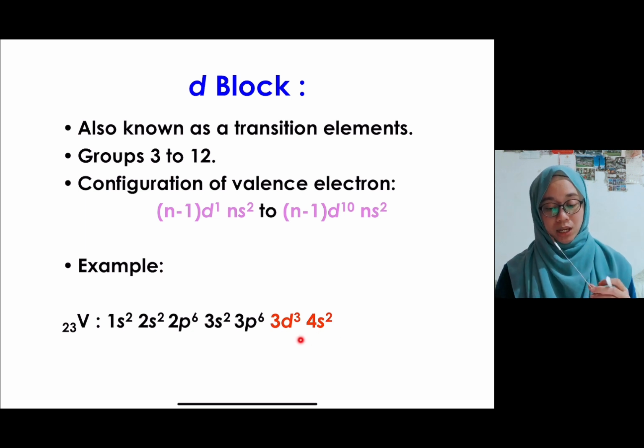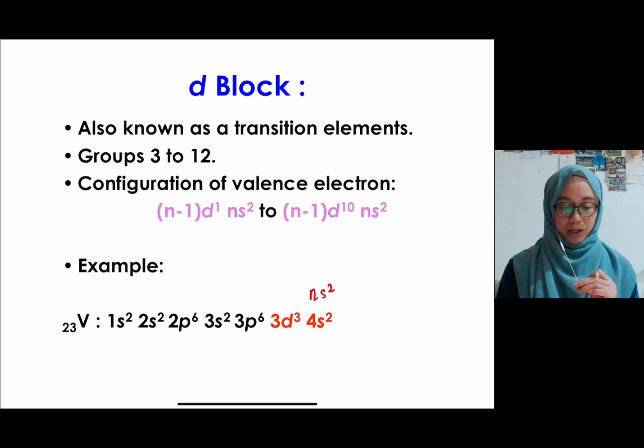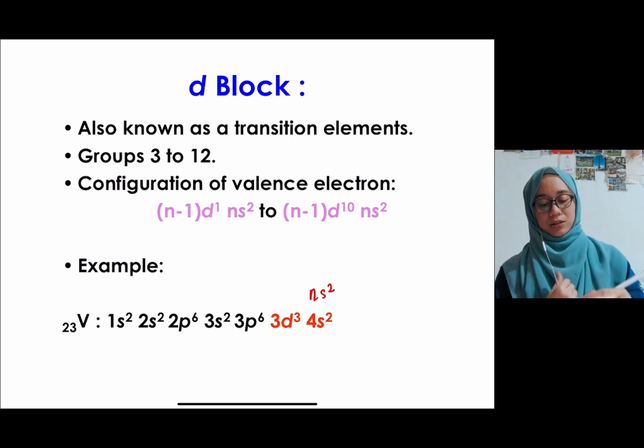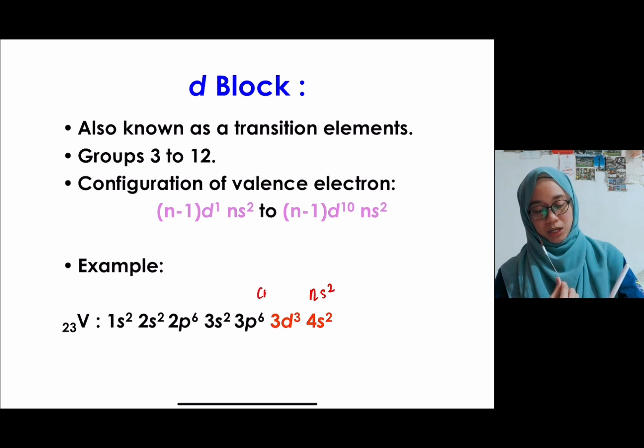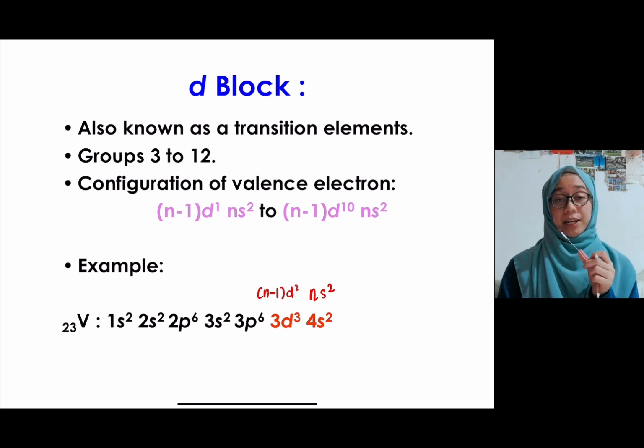So as you can see, the 4 here is 4s2, which is the ns2 part in the general form above. And then as you can see, the value 3, how do we get 3? Because it is the n-1. So our n is initially 4, 4 minus 1 is 3. So in this case, the 3d3 below is (n-1)d3 for vanadium.